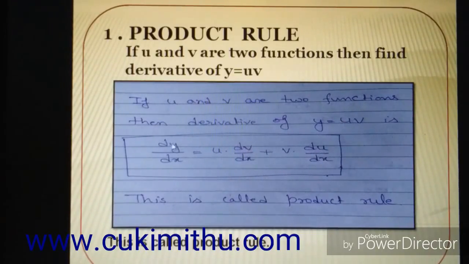So it is u into dv by dx plus v into du by dx.